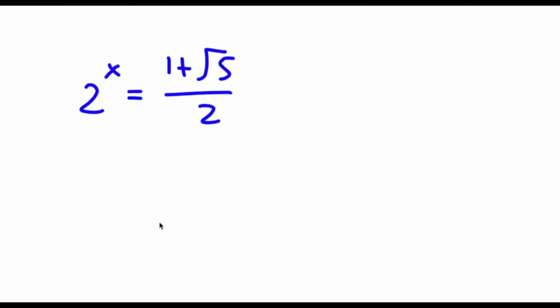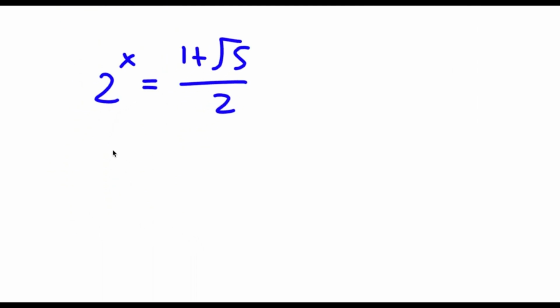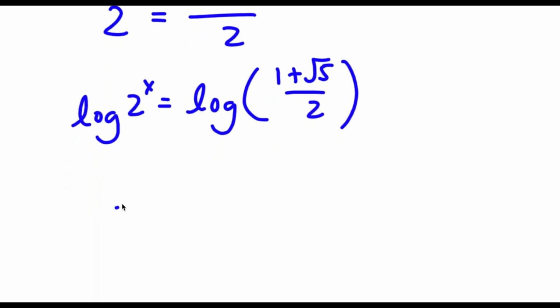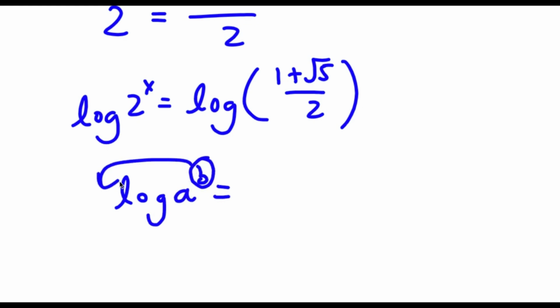So now, to solve this, I'm going to take the log on both sides. So now I have log 2 to the power of x is equal to log of 1 plus the square root of 5 over 2. Now, an important property of logarithms is that if I have something in the form log a to the power of b, I can move this exponent b to the front. So this can equal b times log a.